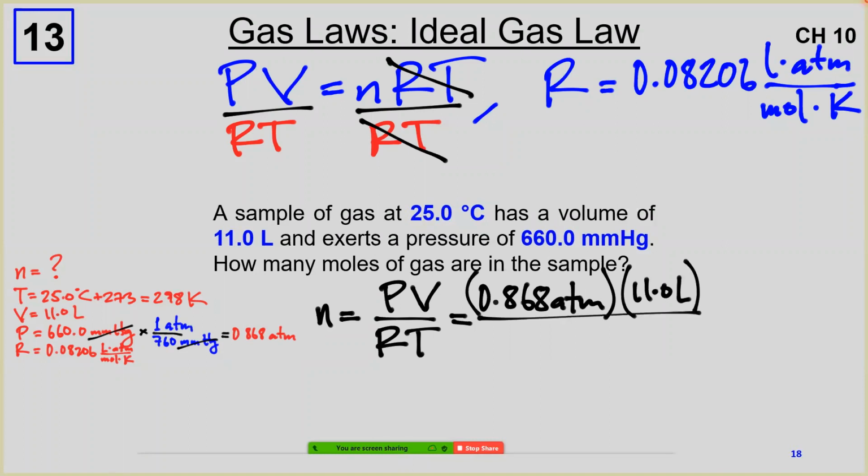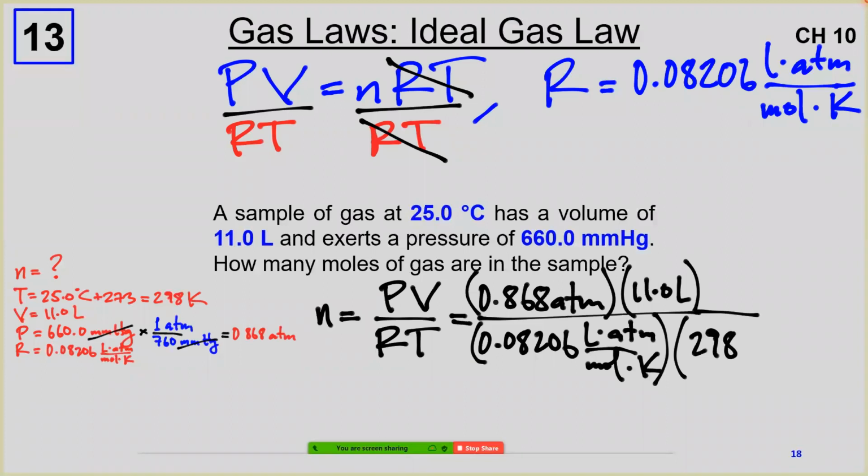And then divide this by R times T. So our R is 0.08206 times T, temperature 298. All right, you can see how the units cancel out. We have atmosphere here and here. Liters cancel out. Kelvins cancel out. And what's left is the number of moles.